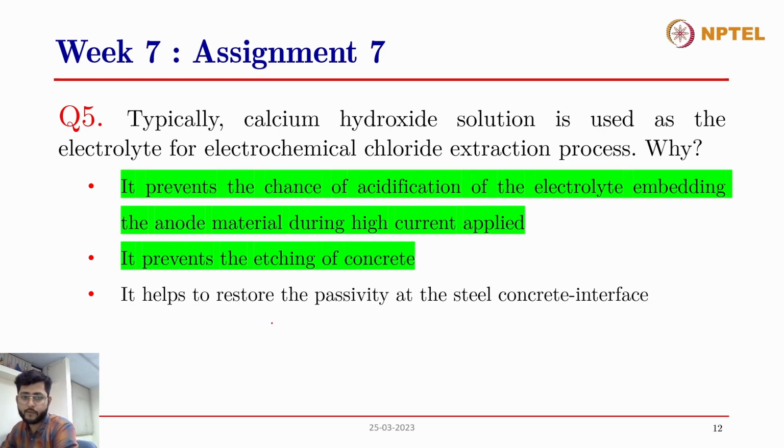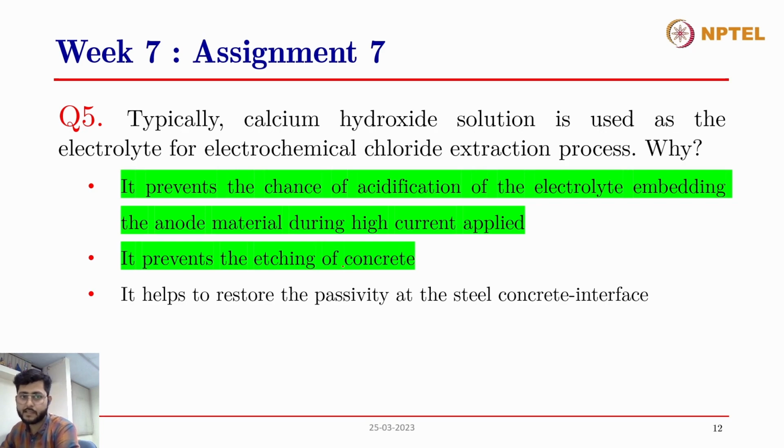Whatever electrolyte you use, since there is an anode present at the top which is connected to the positive terminal, the steel rebar will always be the cathode, and therefore the hydroxyl ions will get accumulated around the steel rebar, and the passivity of the steel reinforcement will be restored. It won't depend on the type of electrolyte being applied in this process.